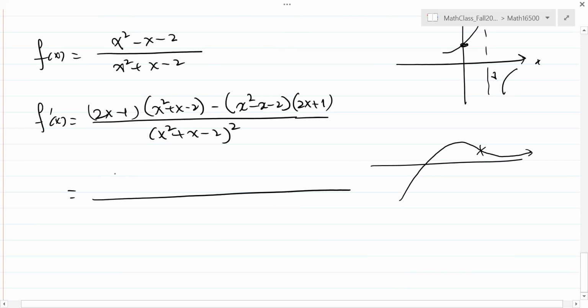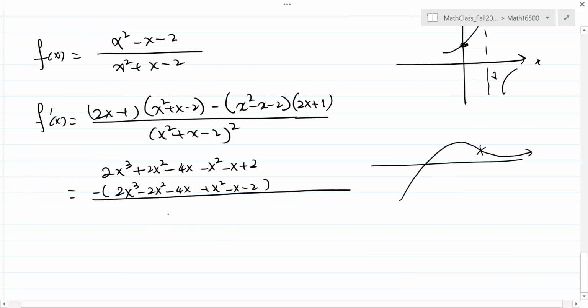Our first line is 2x cubed plus 2x squared minus 4x, then minus x squared minus x plus 2. The second line, I have to put a negative sign, right? Then have 2x cubed minus 2x squared minus 4x plus x squared minus x minus 2.